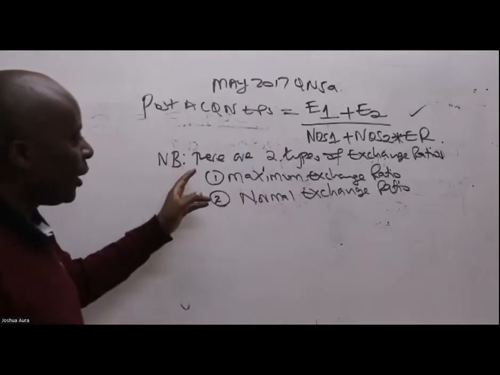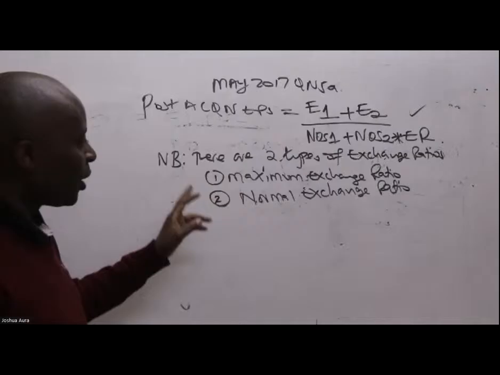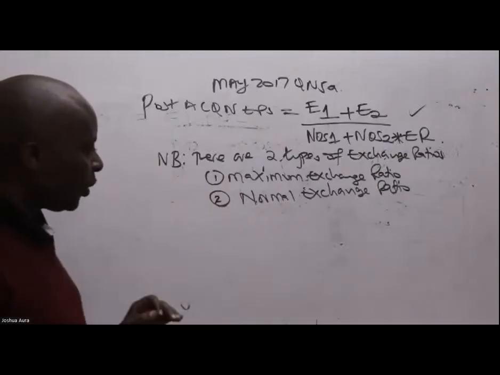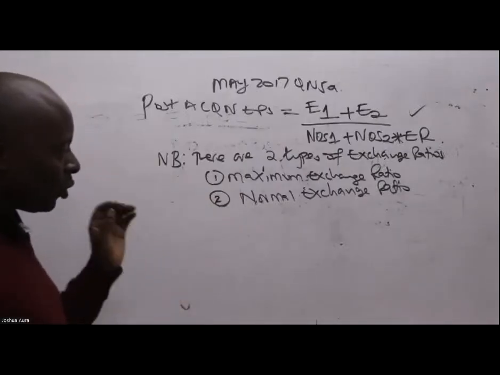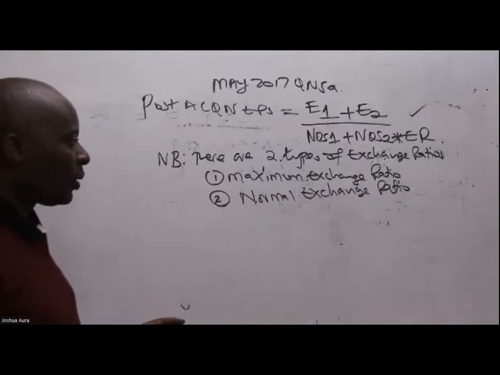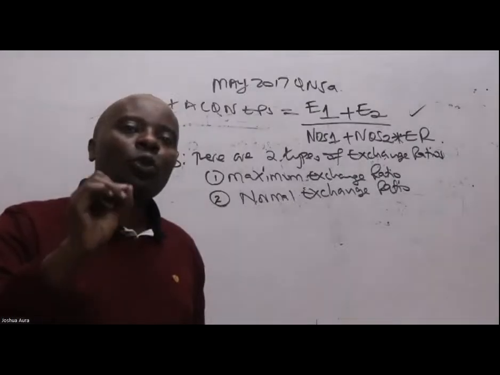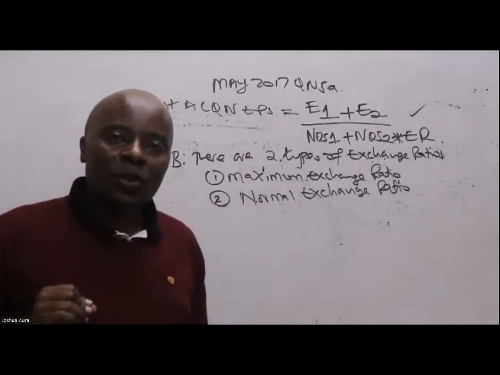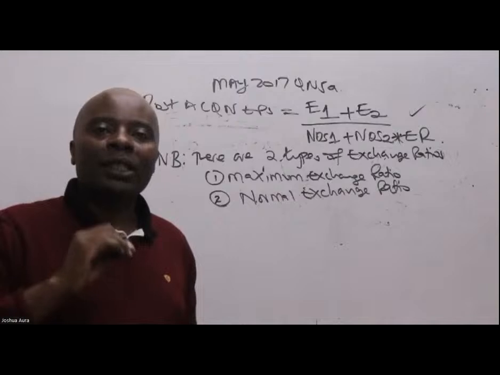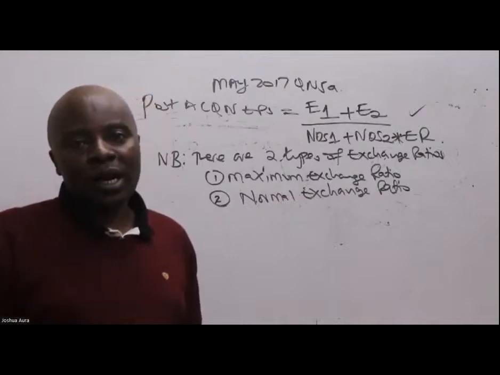Great. So there are two types of exchange ratios. Number one, we have the maximum exchange ratio. And number two, we have what we call the normal exchange ratio. If the examiner specifically asks you to calculate the maximum exchange ratio, then there is a formula that I've always wanted you to cram.